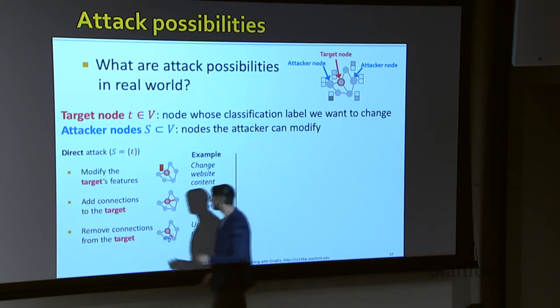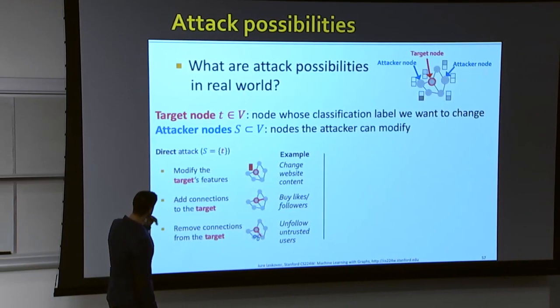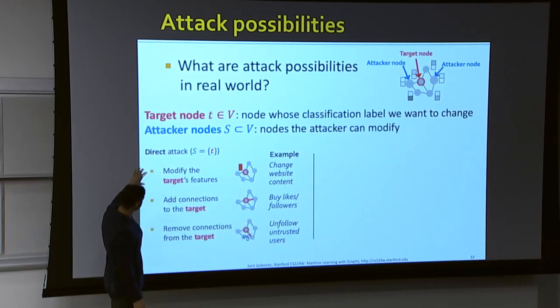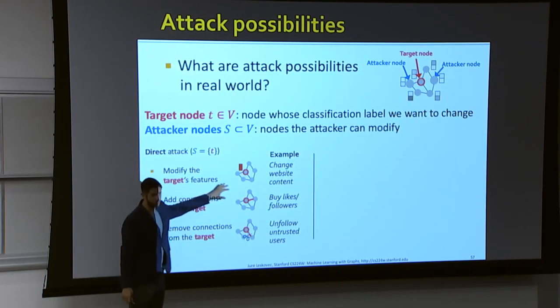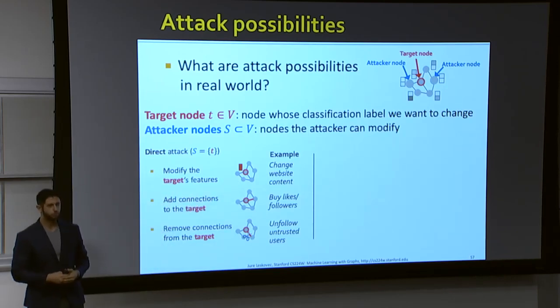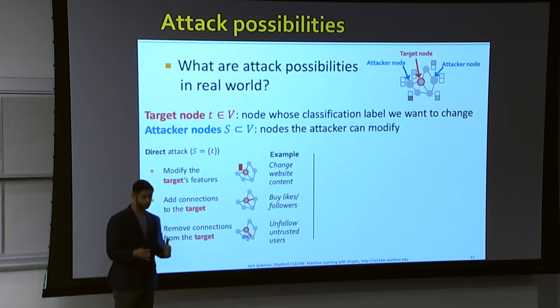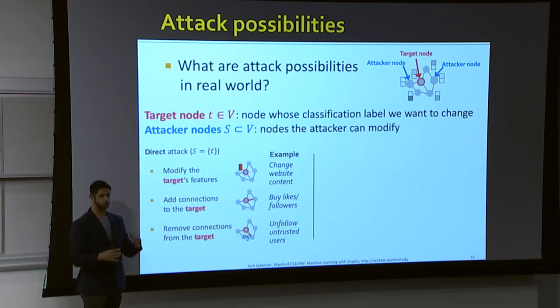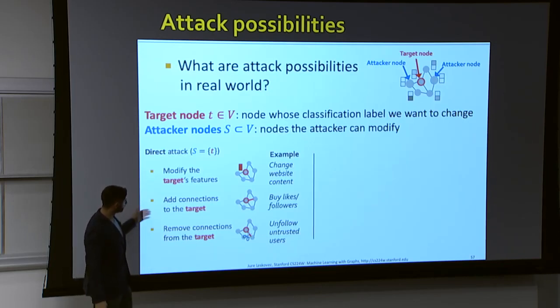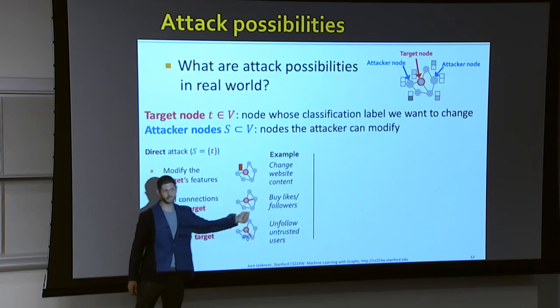For example, some of the direct attacks that we can do: we can modify the target's features. Say our fake news account is about to be banned, then we can try to change the content that we post, to avoid the Twitter spam filters. We can also add connections to the target. This is very common in social media where you can buy likes or followers.